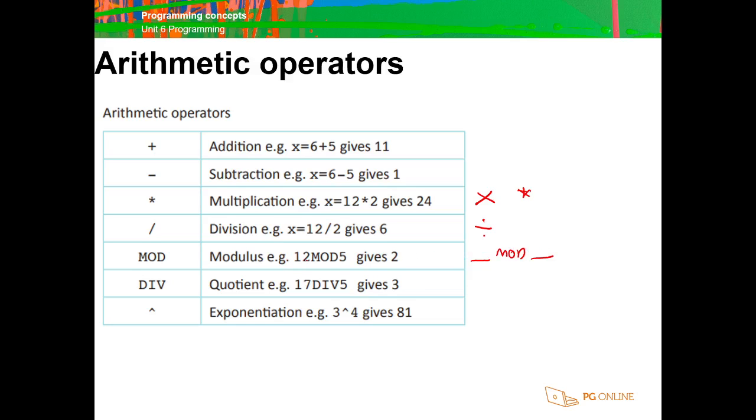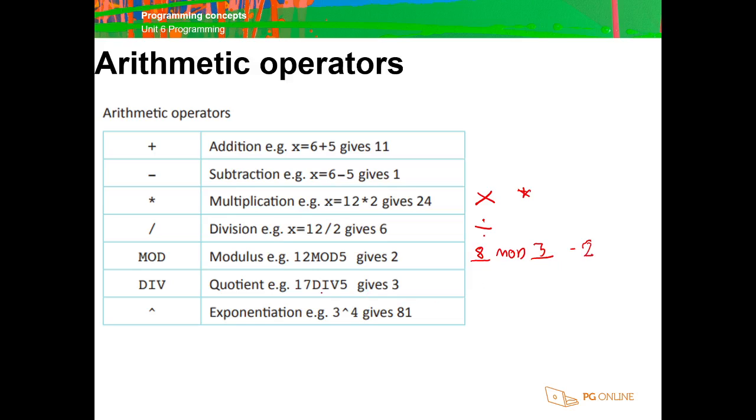So for example, 12 divided by 5, well, 5 goes into 12 with a 2 remainder. So mod gives you the remainder. For example, if we had 8 mod 3, 3 fits into 8 twice with a remainder of 2, because 2 times 3 is 6. So that's going to give you 2.